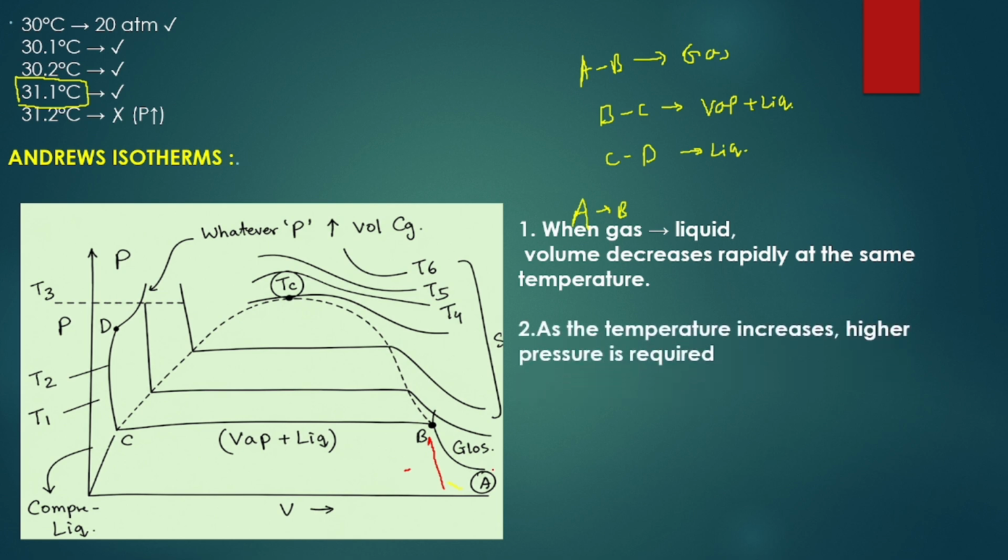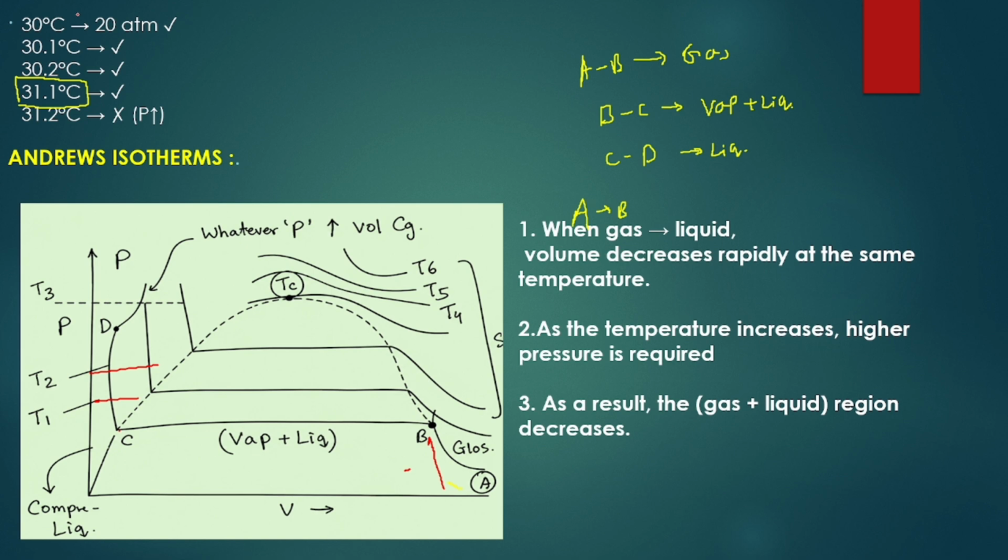Next point. As the temperature increases, high pressure is required. Now what is happening? See, this is the curve at T1, and this is at T2. As the temperature increases, the pressure is also required according to the previous data. As the temperature slowly increases, high pressure is required to liquefy the gas.